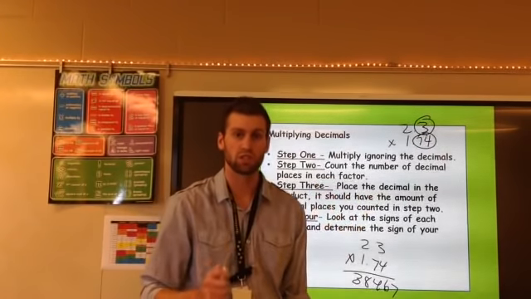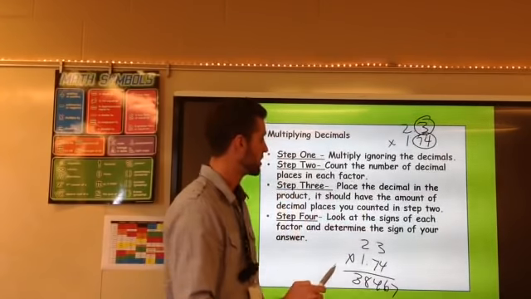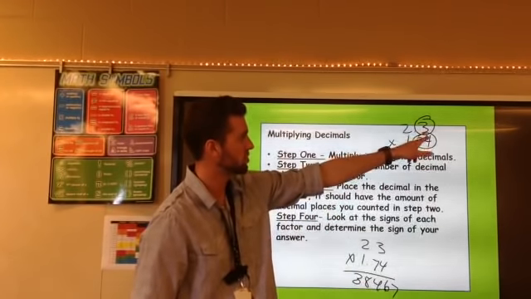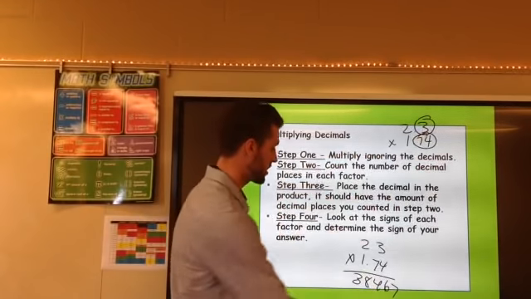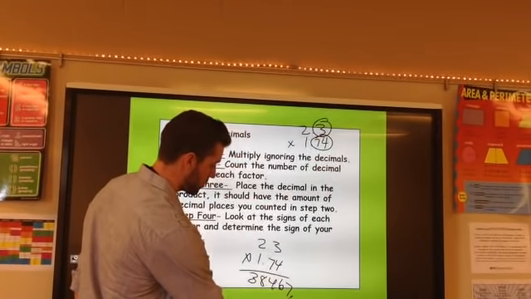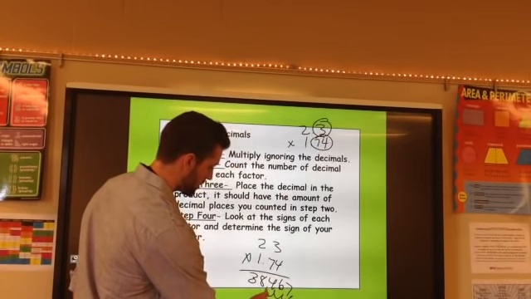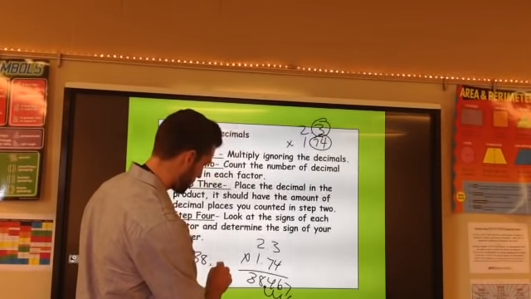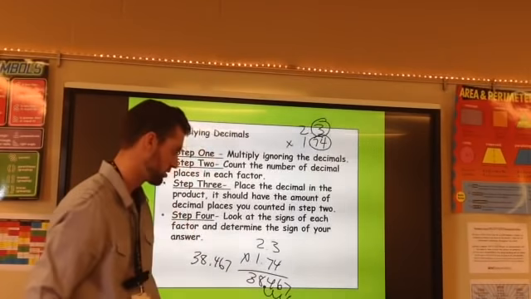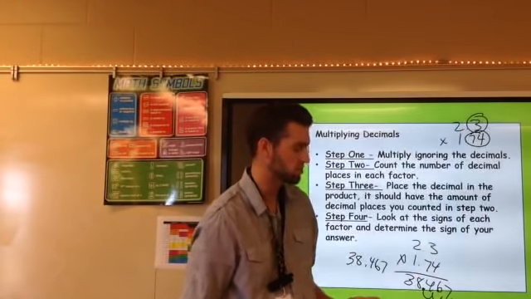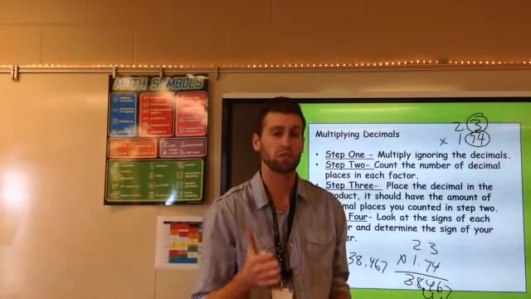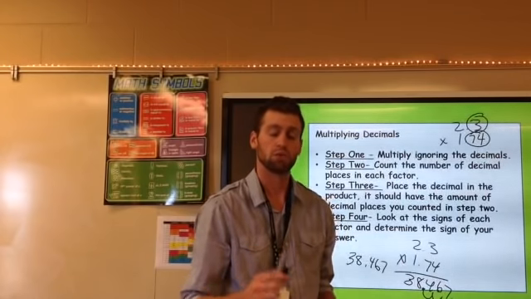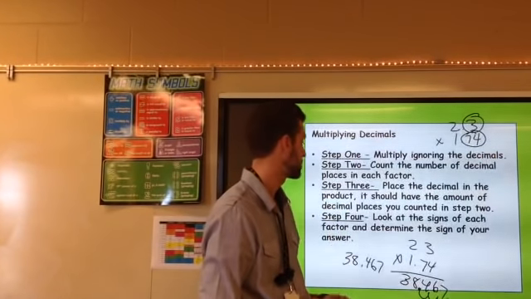I always have to start from the right side. So I counted 3 decimal points in those factors, right? So I'm going to start my decimal here. I'm going to move it 1, 2, 3 places. So my answer would be 38.467. Okay, well, it's probably not right because we have 2 times 1, but it was just an example to say you always must start from the right when moving that decimal over the amount of places.